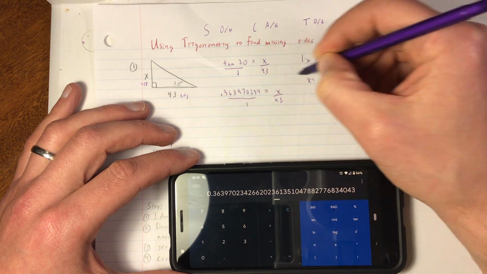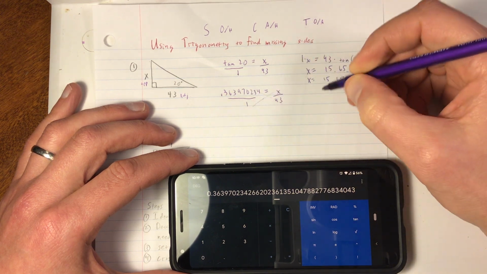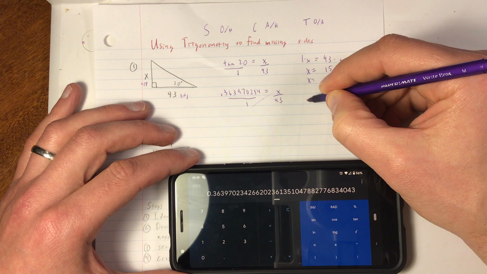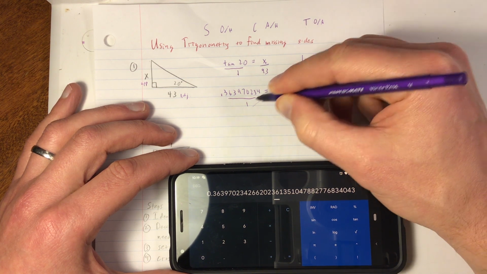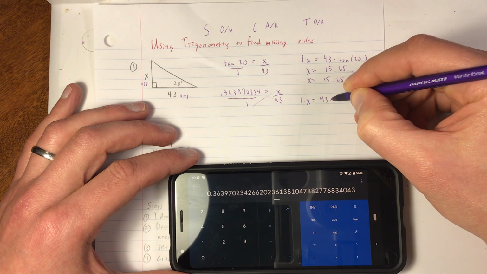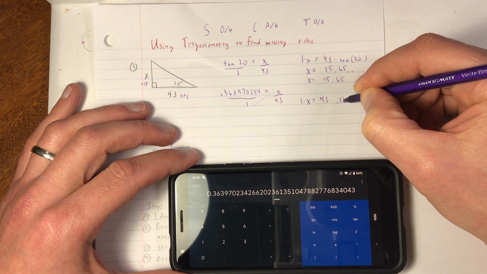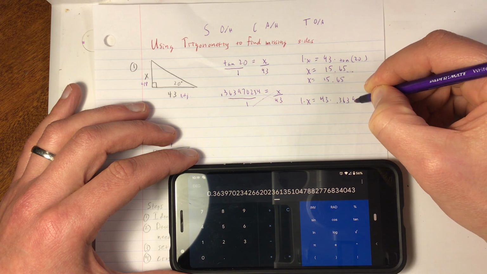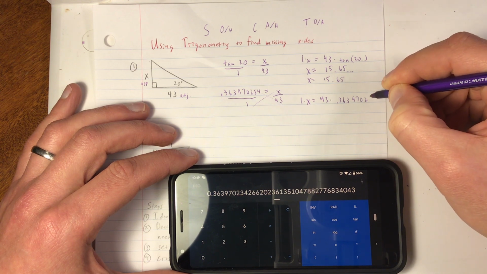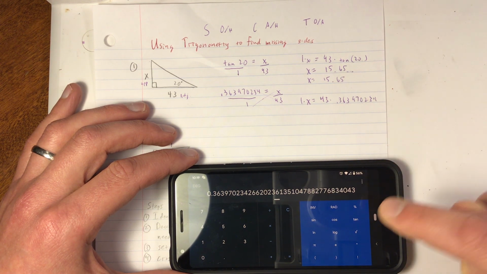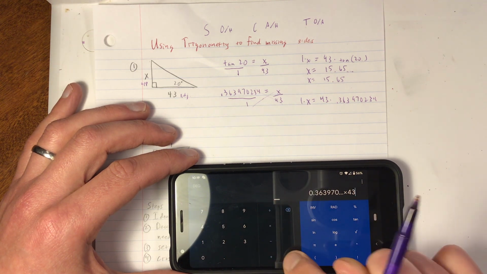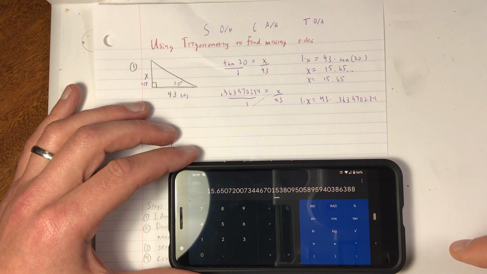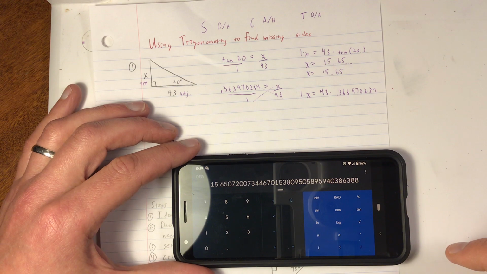Put that over 1, cross multiply. So x is equal to 1 times x is equal to 43 times 0.363970234. Take that times 43. Amazing. It's the exact same thing.